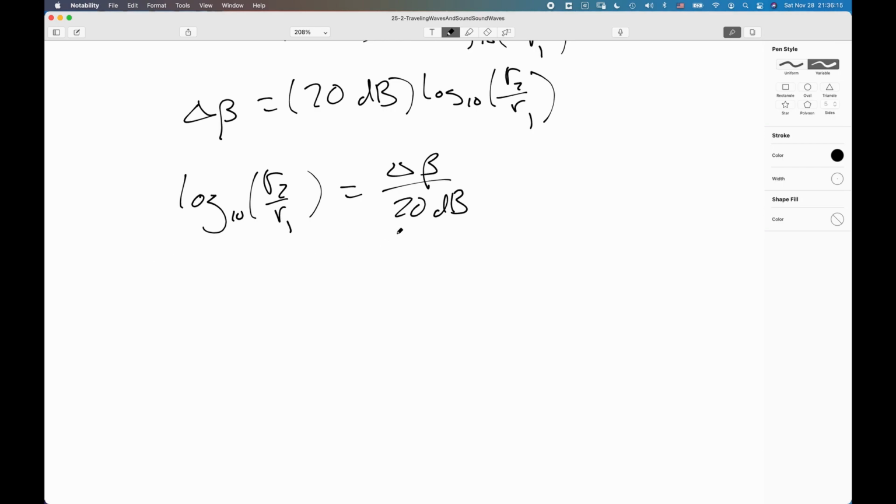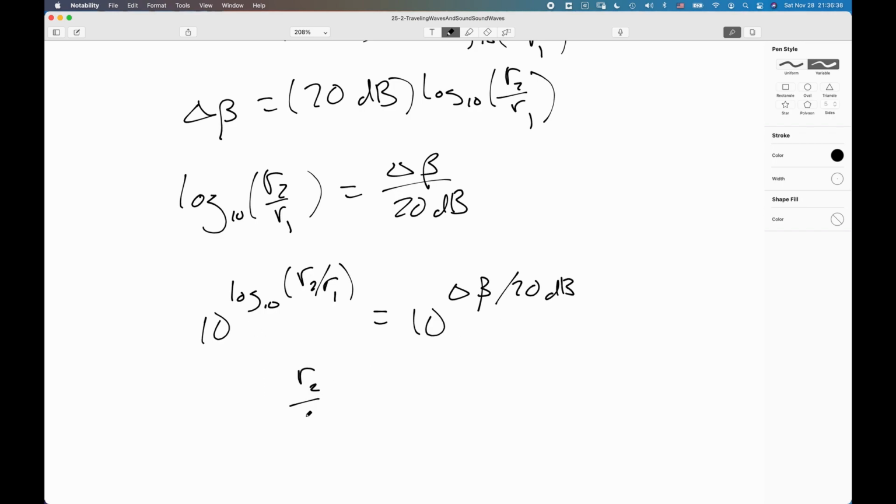So 10 to this equals 10 to that. 10 to the log base 10 of R2 over R1 will equal 10 to the delta beta over 20 dB. Well, 10 to the log of the thing is the thing, so it's R2 over R1, carrying that.